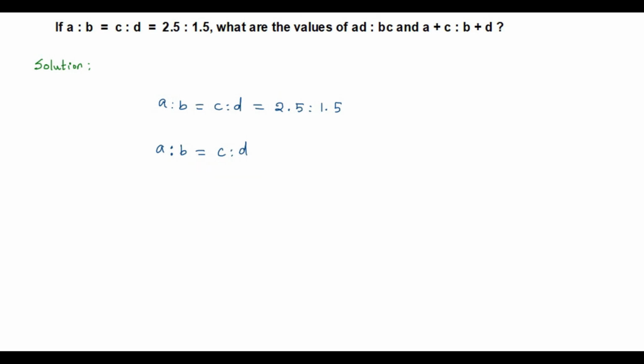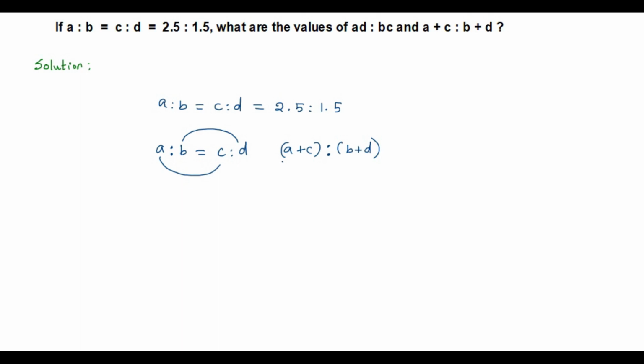In this proportion I am going to apply the addendo property. The addendo property is nothing but adding all the first terms and adding all the second terms. So add all the first terms, that is A and C, and I am going to add both the second terms B and D. Now I form a new ratio with the addition of first terms and addition of second terms.